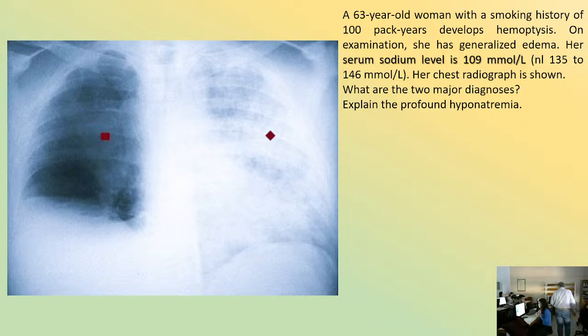Yes, all the lung parenchyma appears to be replaced by a quite diffuse process, and what is evident is that there is no air in the left lung. So what could that be? That could be a pneumonia or a bronchopneumonia.